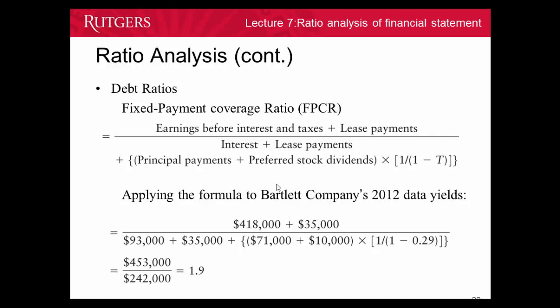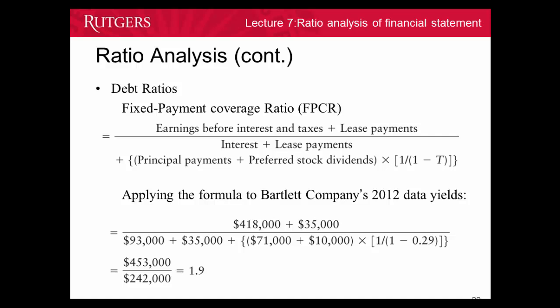The fixed payment coverage ratio measures the ability of the enterprise to meet all of its fixed payment obligations on time. In other words, the fixed payment coverage ratio measures the ability to service debts.